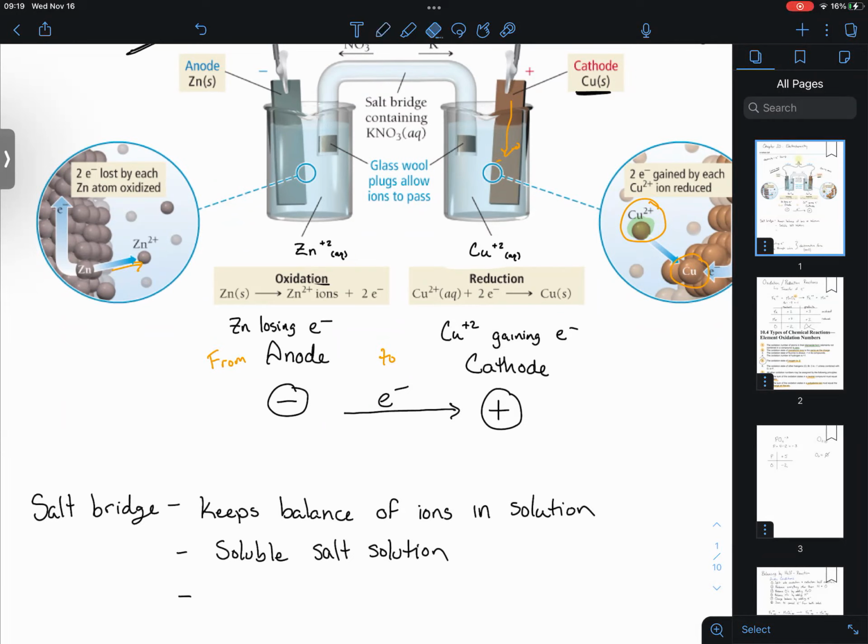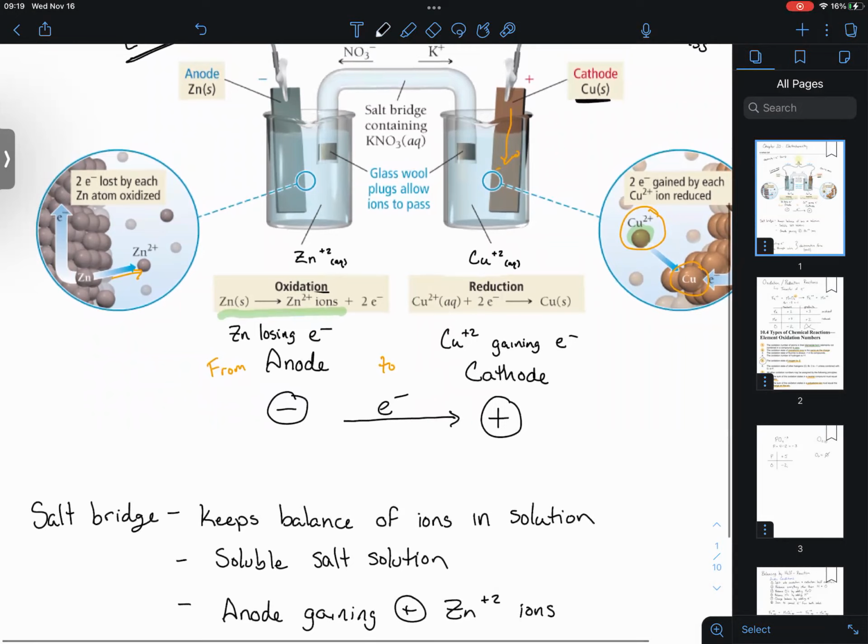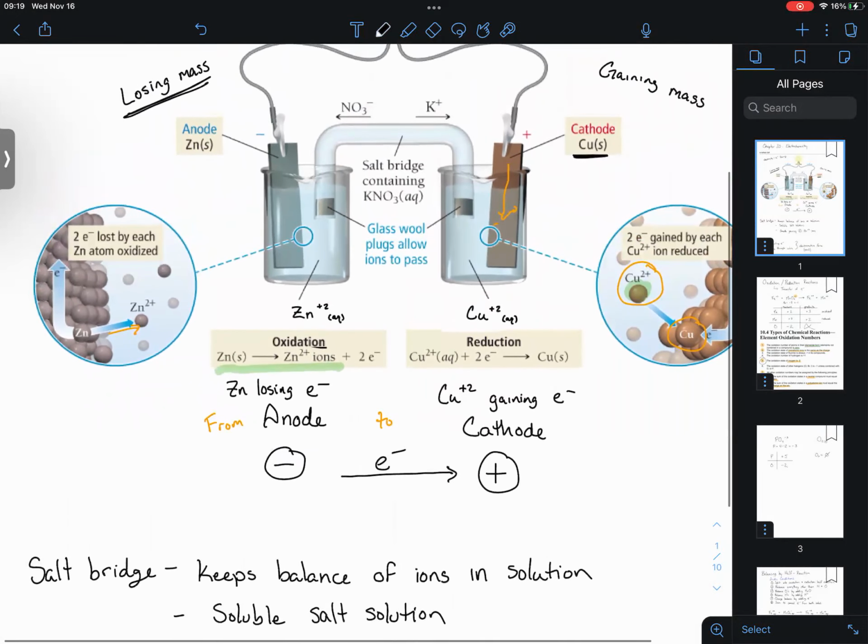Well, notice because of the reaction that's occurring at the anode, the anode is gaining positively charged zinc ions. So in order to keep that solution from becoming imbalanced, that salt bridge will put extra negatively charged nitrate ions back into that solution, right?